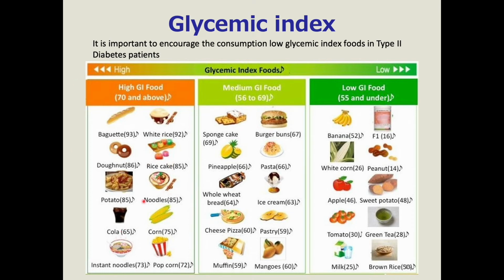These items have a very high glycemic index, whereas food items like bananas, white corn, peanuts, sweet potatoes, apples, milk, tomatoes, green tea and brown rice have low glycemic index. So when you are taking the food history of patients, it is important that you highlight the need to consume more food items which contain low glycemic index.